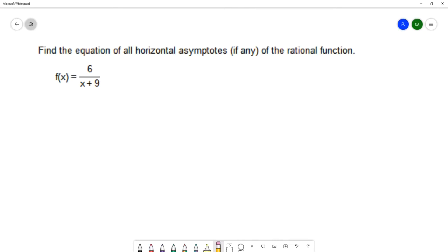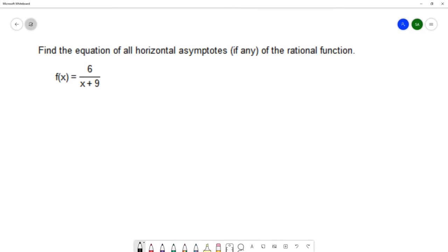Since we're doing this in an algebra class, instead of the calculation, a bunch of scenarios or cases have been summarized for us, and we're going to memorize those different cases and be able to identify the horizontal asymptote from that summary. So we do have a little bit of memorization to do to be able to answer these types of questions.